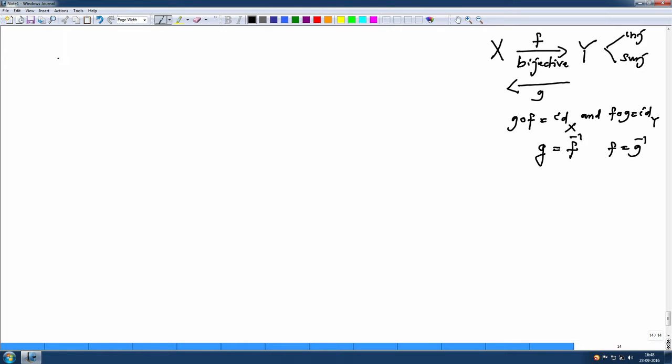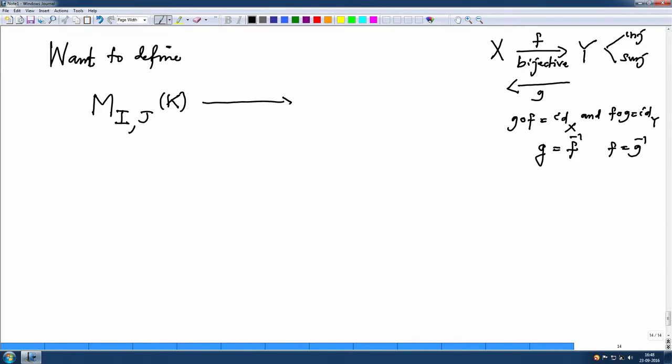So we want to define a map from the matrices M_{I,J}(K) to Hom_K(V,W) in such a way that each composite is identity.